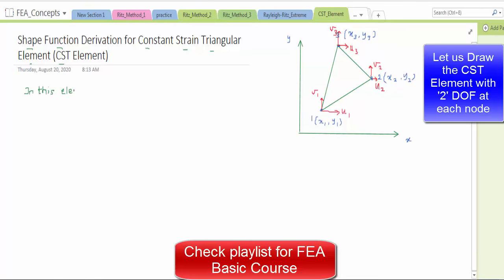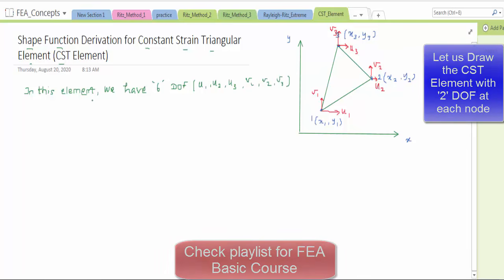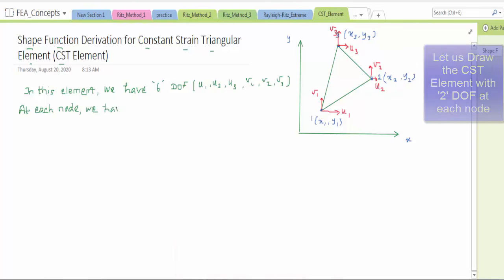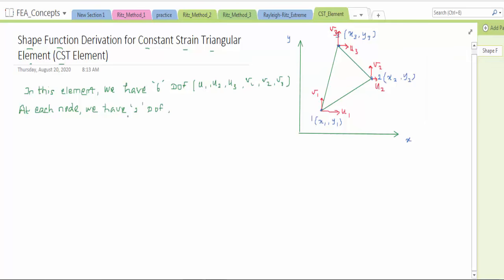So in this element we will have 6 degrees of freedom in total, that means u1, u2, u3 and v1, v2, v3. At each node we have 2 degrees of freedom. For node 1, u1, v1, likewise.